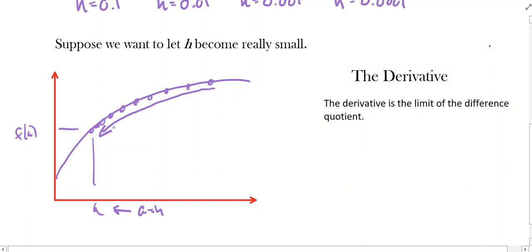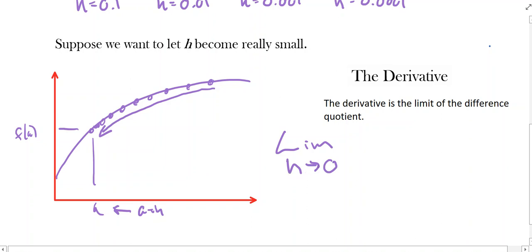And to do that, we use an old friend of ours that we've learned about called the limit. And if we were to take the limit as the distance H approaches 0, now it's never going to be equal to 0. That's the idea behind a limit.